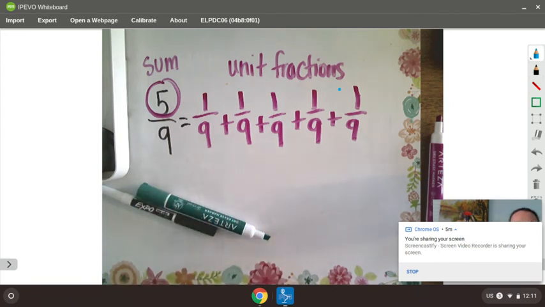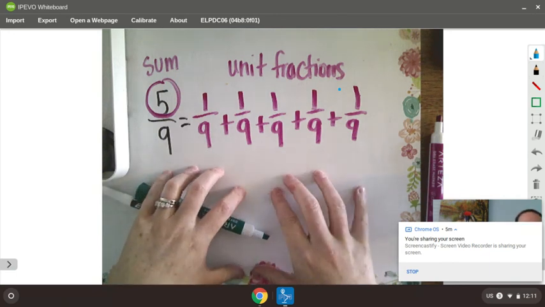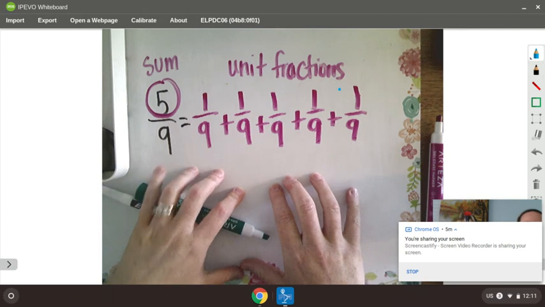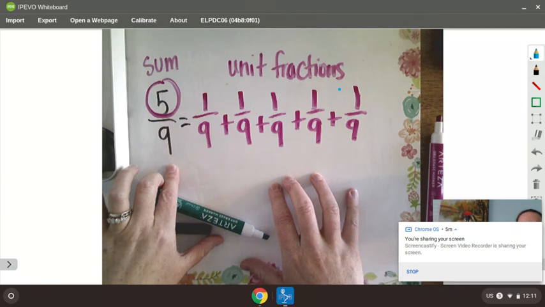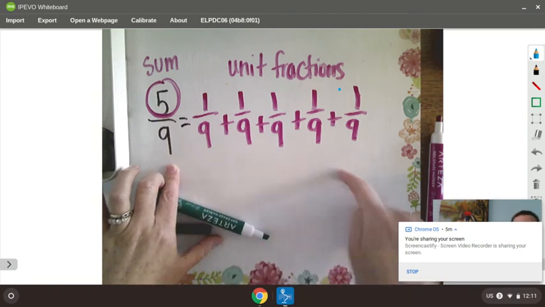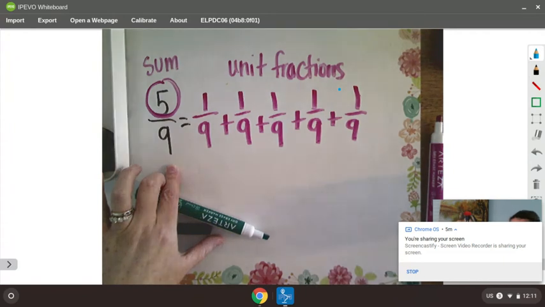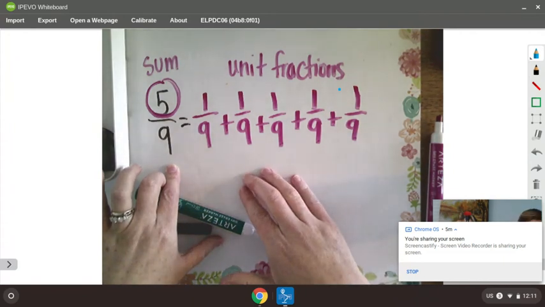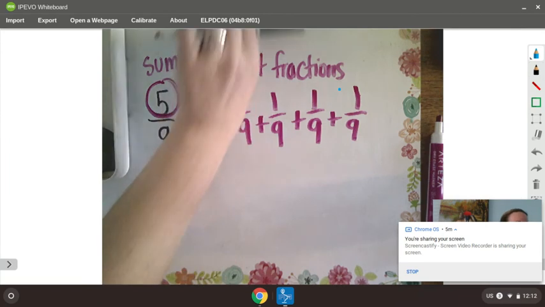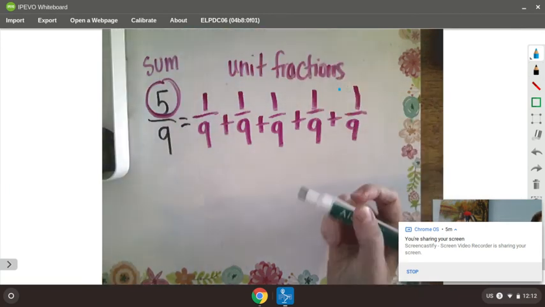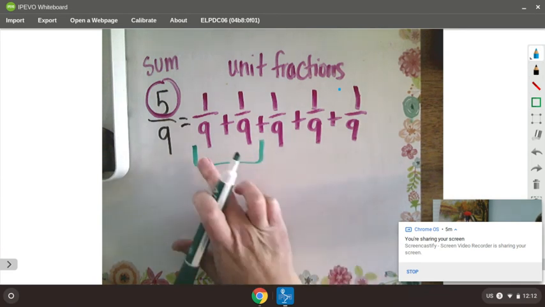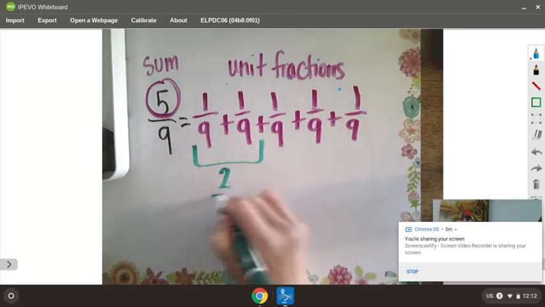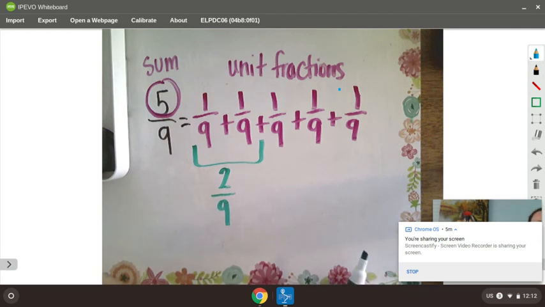The other thing I wanted to show you is that once you've become very familiar with this strategy, they ask you to come up with these sums in more than one way. The first way is to make these sums using unit fractions. But another way is this: I could combine these two, 1/9 and 1/9, and make 2/9.